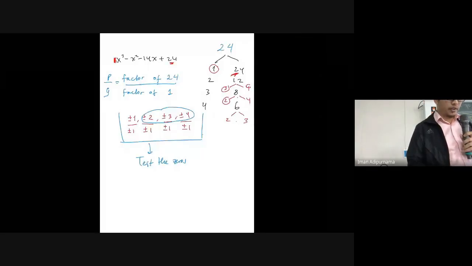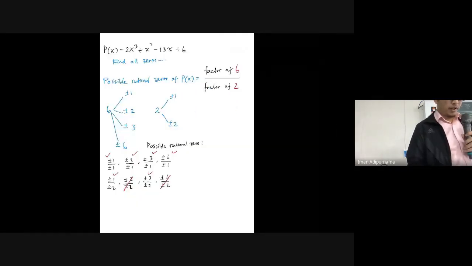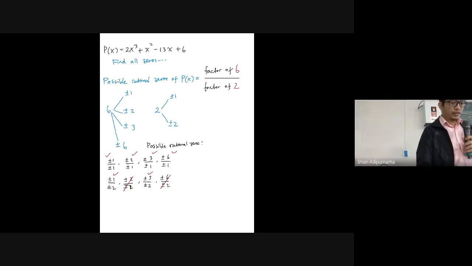And the other part, like this one, is a similar example. Maybe here we get 6, and this is 2 here. So factors of 6 divided by factors of 2. Factors of 6, we have 4 different numbers. Factors of 2, we have 2 different numbers. So we divide: 1 over 1, 2 over 1, 3 over 1, 6 over 1, and then 1 over 2, 2 over 2, 3 over 2, 6 over 2.